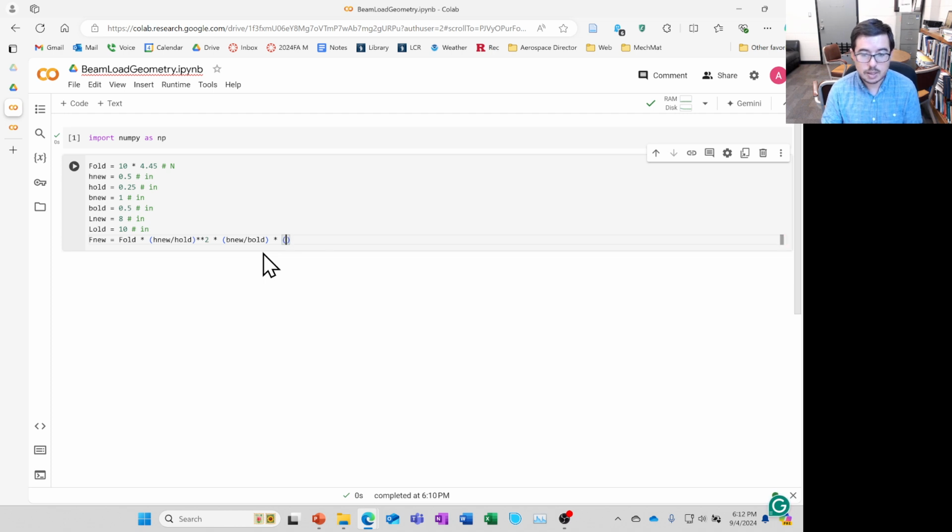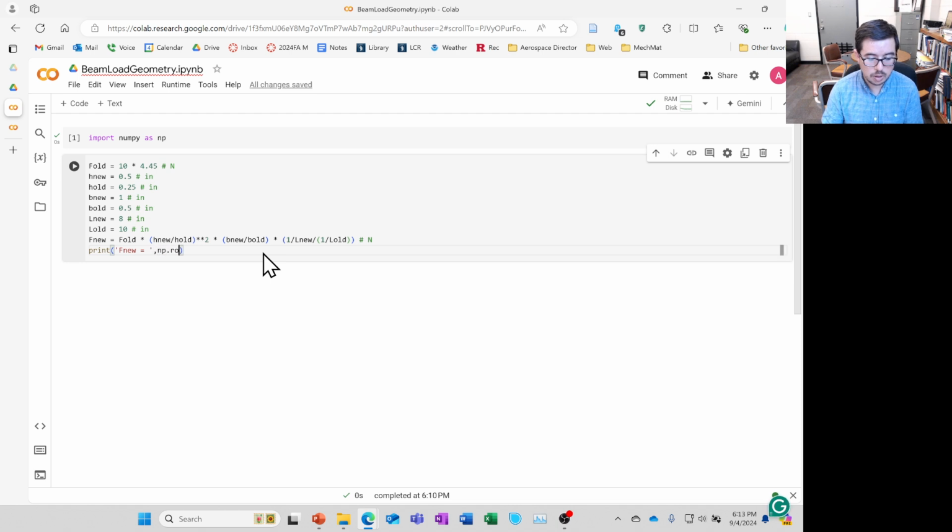Now I could be lazy or I could be less lazy here, as this is the inverse ratio of the lengths. I'm going to be lazy, but here we go, 1 over L new, and then I'm going to be very careful though and add another parentheses, 1 over L old, and I balance out my parentheses, and this is going to have units of newtons.